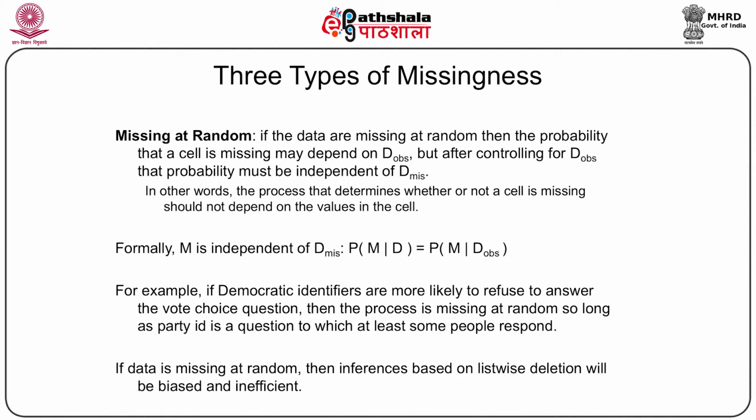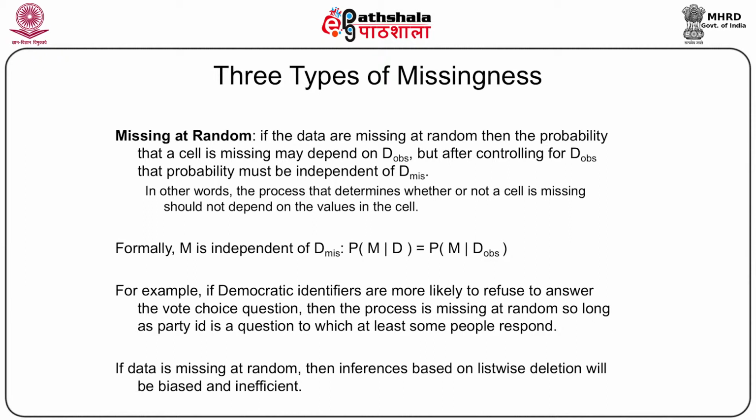In other words, the process that determines whether or not a cell is missing should not depend on the values in the cell. Formally, M is independent of D_miss, that is probability of M given D equals probability of M given D_obs.